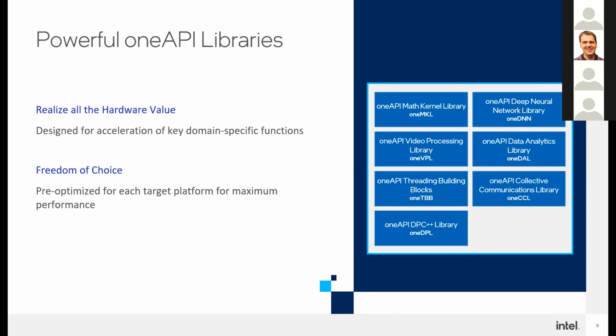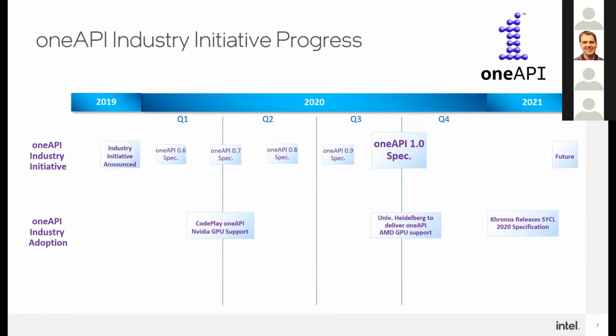And for those of you who live and work in distributed environments and cluster environments, the collective communications library, oneCCL, has functions which are sitting on top of MPI and supporting distributed deep learning tasks. Some of this stuff is integrated in respective packages and supporting TensorFlow or PyTorch.